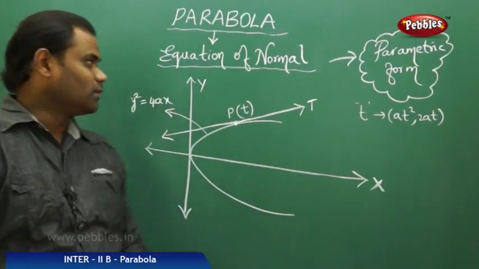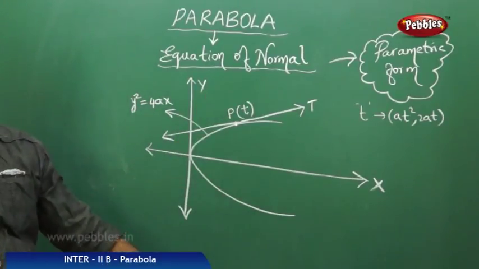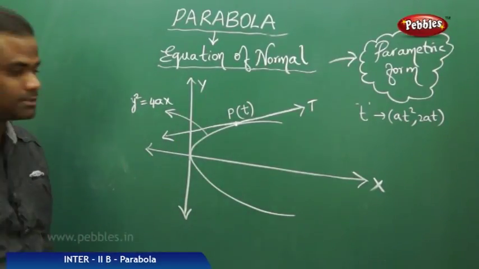In similar manner, if I want to find the equation of normal, let's draw the normal for this parabola y square equal to 4ax.